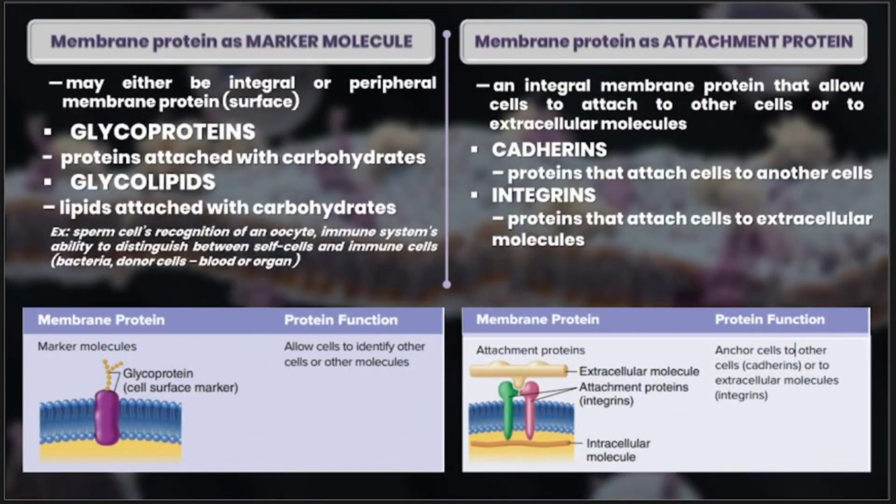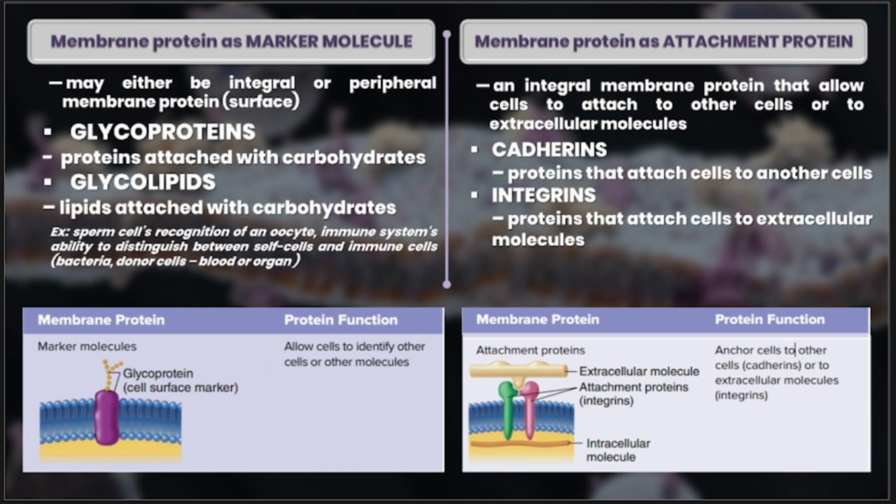Your membrane proteins serve as marker molecules, in which these proteins, which are often glycoproteins, serve as identity markers. They play a crucial role in cell recognition and immune response. It will help the body distinguish between its own cells and foreign invaders.